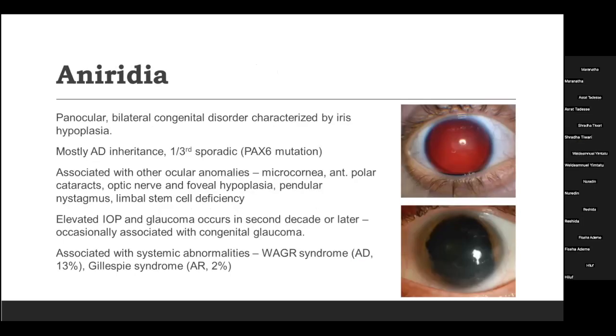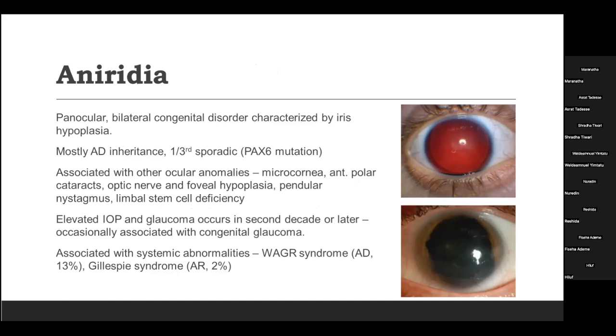And aniridia, we can see in these two pictures. It's a pan-ocular bilateral congenital disorder characterized by iris hypoplasia, and mostly it's autosomal dominant inheritance. Other ocular anomalies which are associated are microcornea, anterior polar cataracts, and optic nerve and foveal hypoplasia.